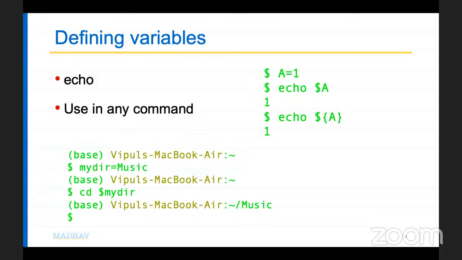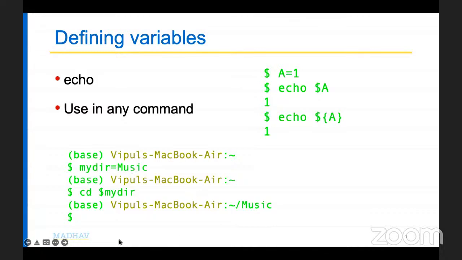So now, many times you may want to define some variables. For example, let's say in this command, cd, you want to cd into some directory. You want to save this in a variable, and you want to reuse this variable multiple times.